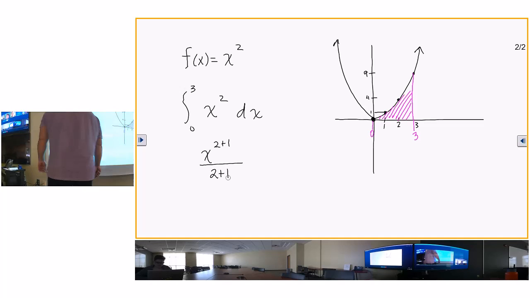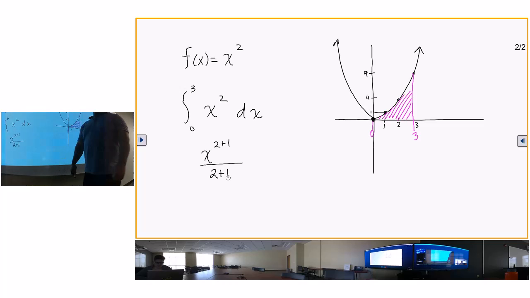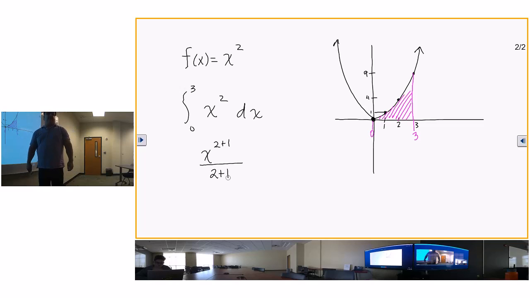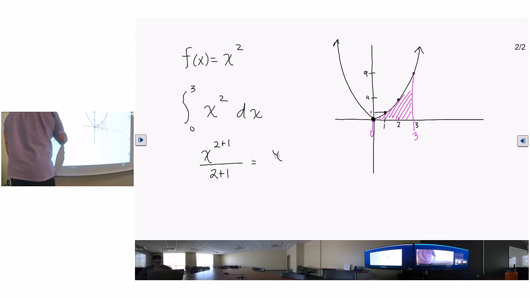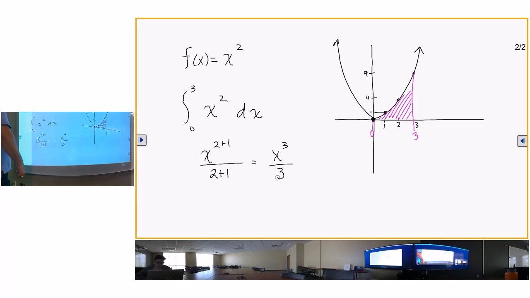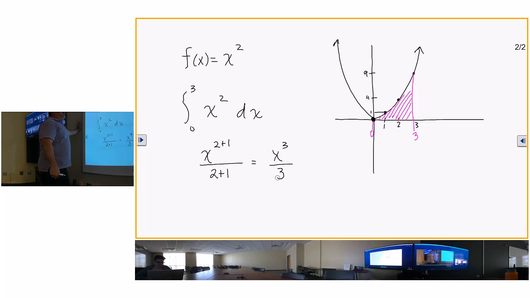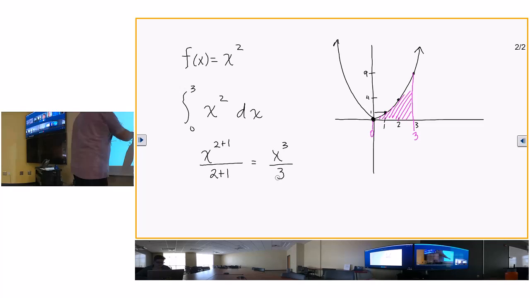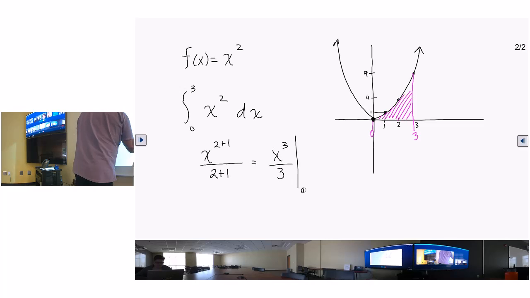Instead of subtracting 1, what are you going to do? You're going to add 1, and you're going to put it on the bottom. So that's going to give us x cubed over 3. And now you're going to evaluate that from 0 to 3.